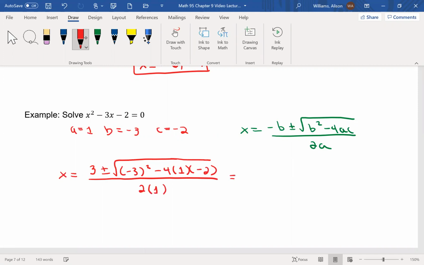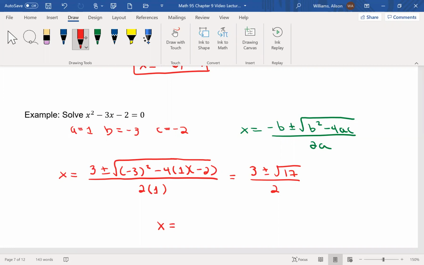All right, so we're going to figure out what's under the radical. So negative 3 squared is positive 9. That's going to be 8, so that's going to come out to 17 over 2. And actually, that doesn't simplify at all. 17 can't be reduced. We can't even factor anything out of the radical. That's the answer.